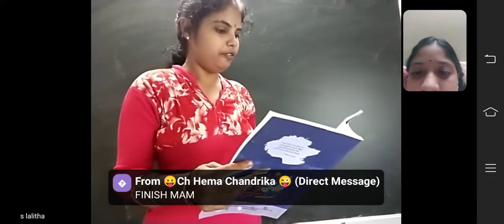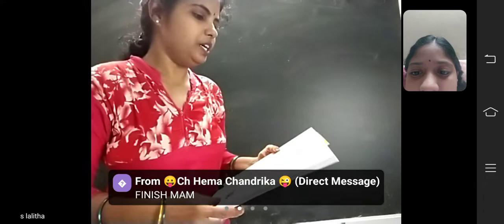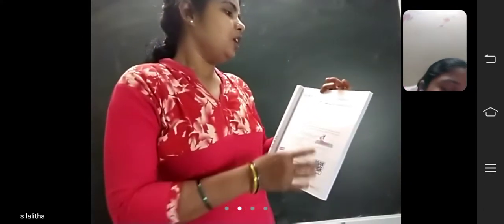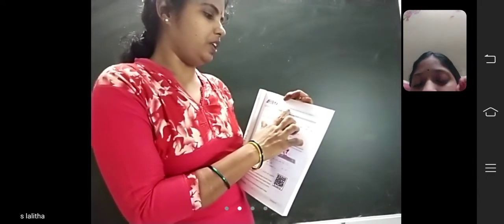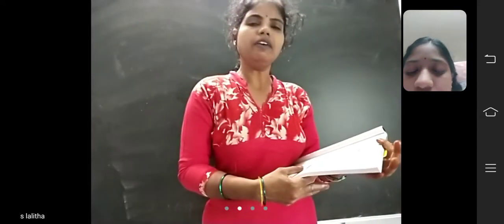Okay. So we have completed exercise 1.4 and absolute value also. We have completed the first chapter, children. Next, see page number 19. Let's explore. If mod x is equal to 15, then what will be the value of x? What is given here?